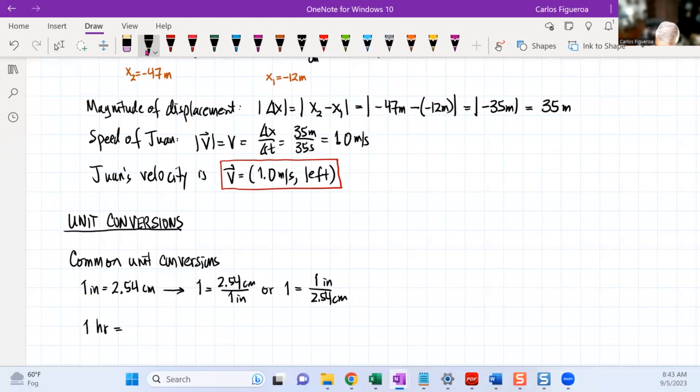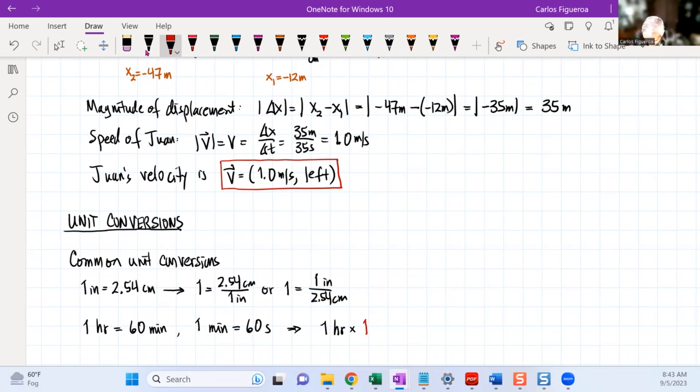It has 60 minutes. And we know that 1 minute is the same as 60 seconds. So this tells me that I can convert hours into seconds by multiplying quantities by 1.